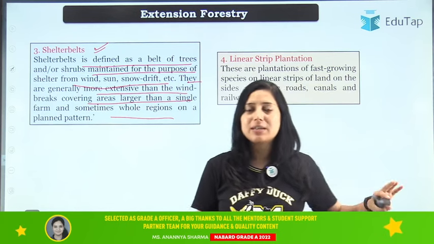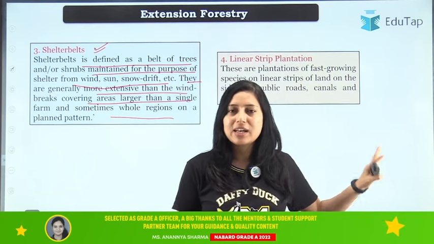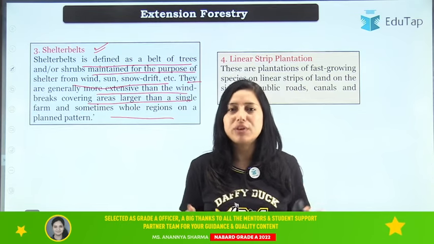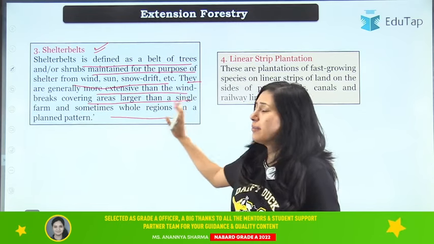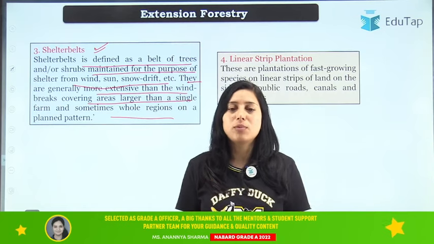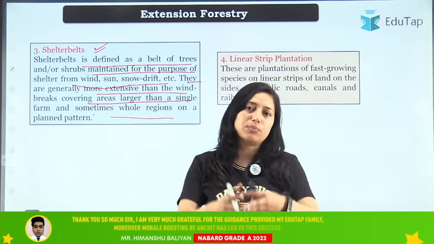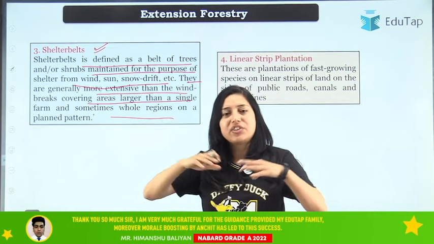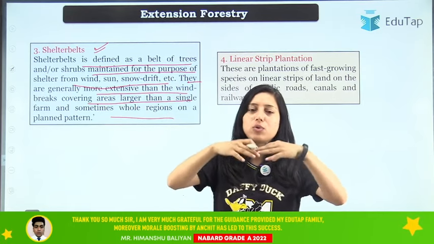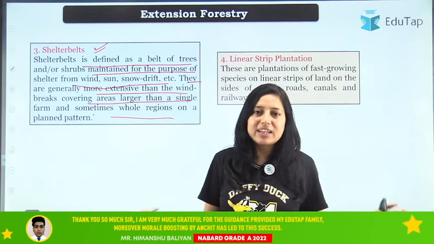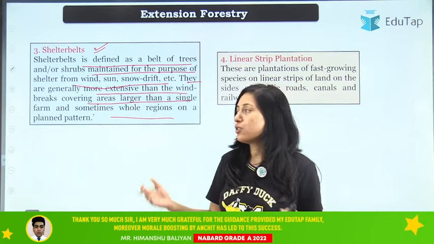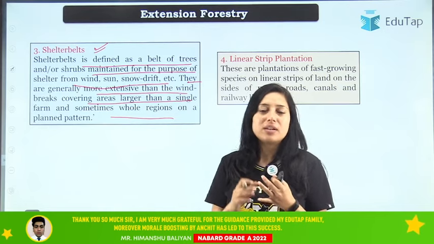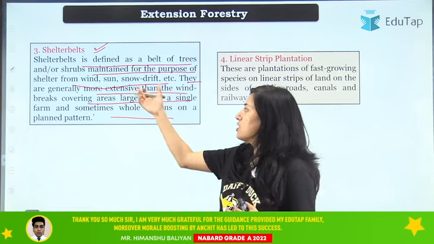So we have talked about windbreaks. A windbreak is generally around one garden, around one farm. But the shelter belt is the extensive form of windbreak. Whenever we are protecting a large area with trees, by growing rows of trees around that area, that becomes your shelter belt. Shelter belts are planted to protect your area from the wind, from the sun, or from snowdrift.